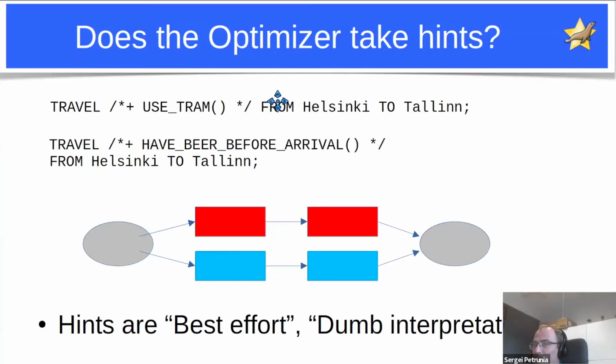But this doesn't mean that you will always get what you want. Take another hint, travel and have beer before arrival. If you are taking a ferry, you can do that, but if one is taking a flight, they can't, because they don't serve it on airplanes.